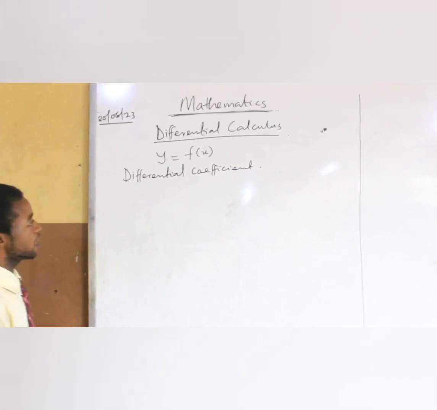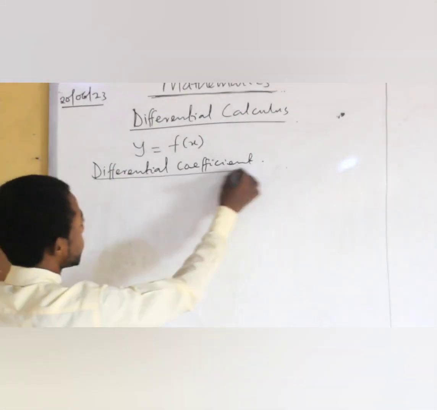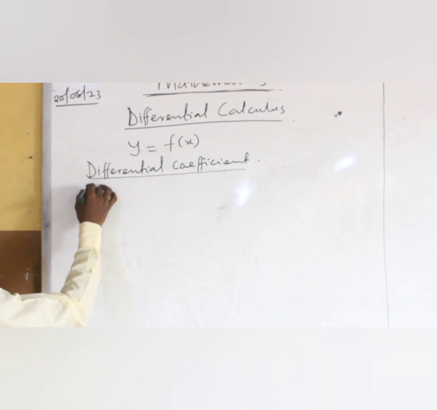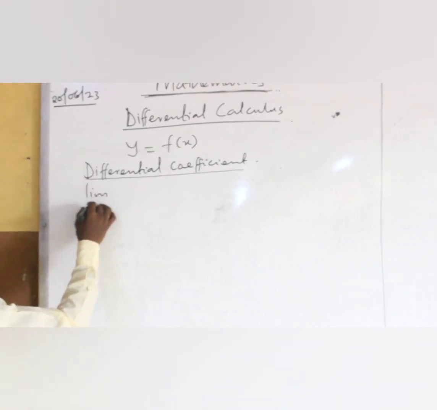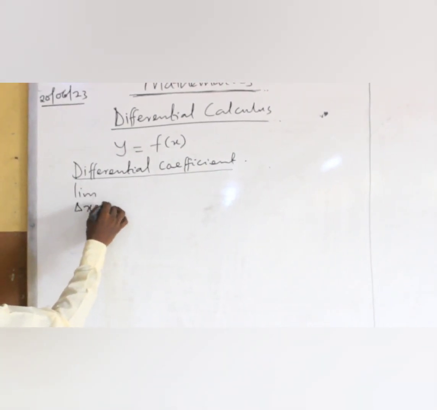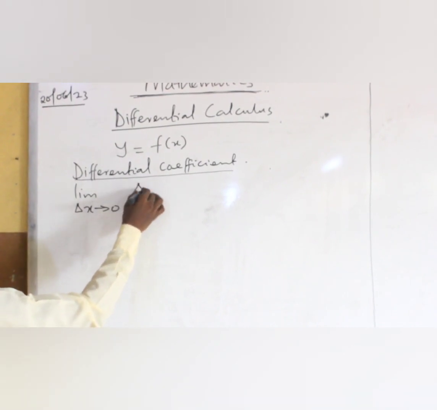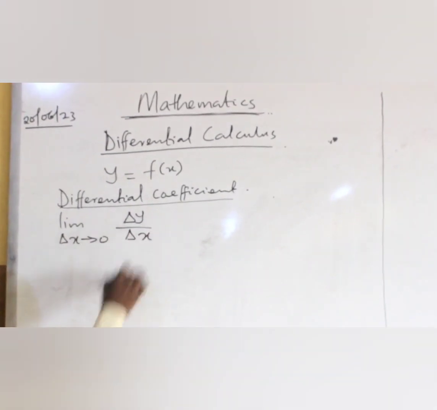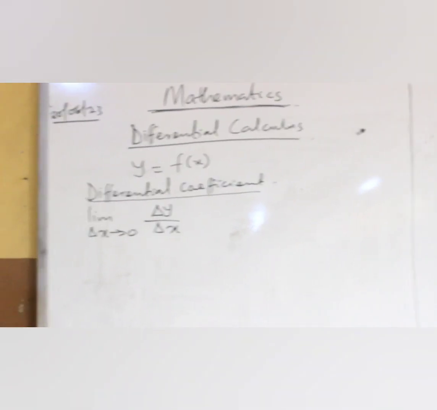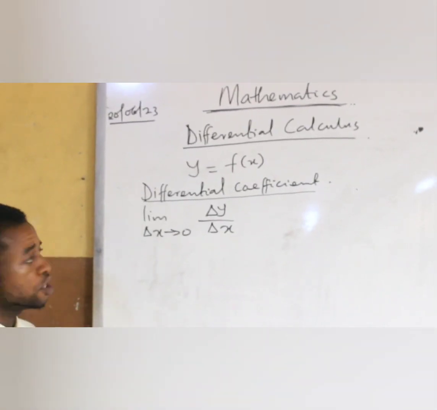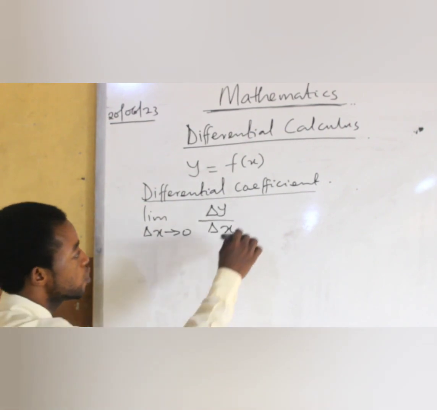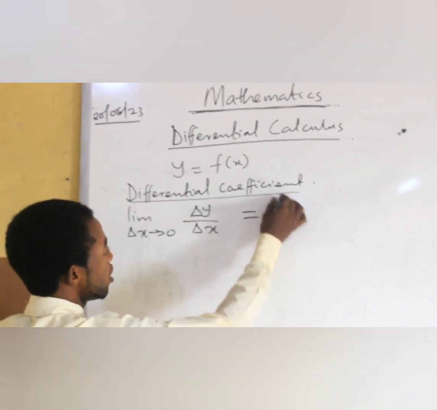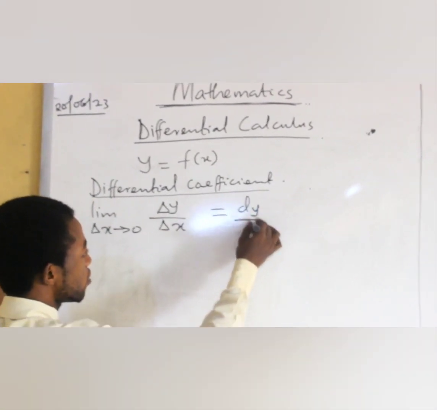Differential coefficient is defined as the limit as delta x tends to 0 of delta y over delta x. This is the definition of the differential coefficient, and it is denoted as dy/dx.